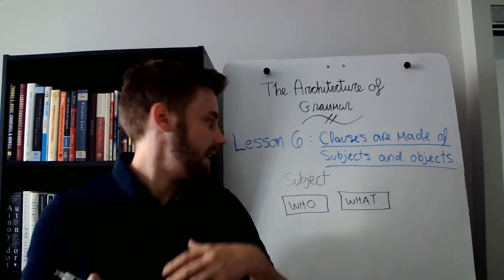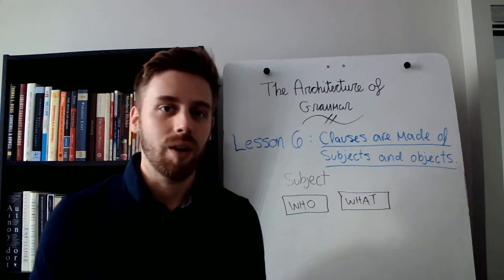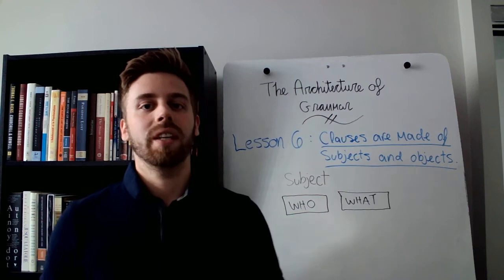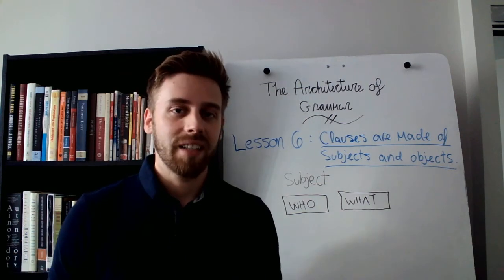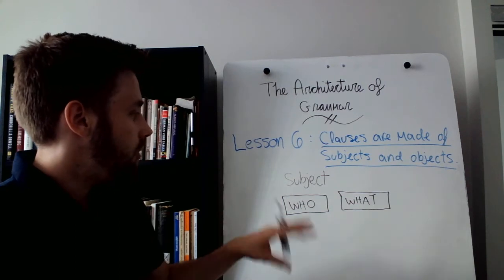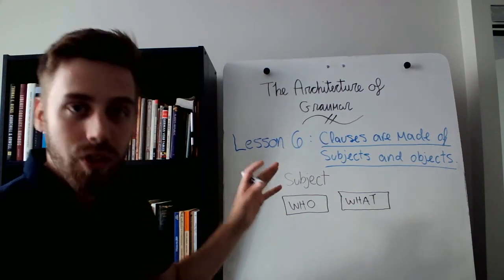And a train is another type of noun. Now, I'm not going to go into the distinction in this video. Like I said, you can find that out in the Architecture of Grammar. But the noun will be used as a subject.